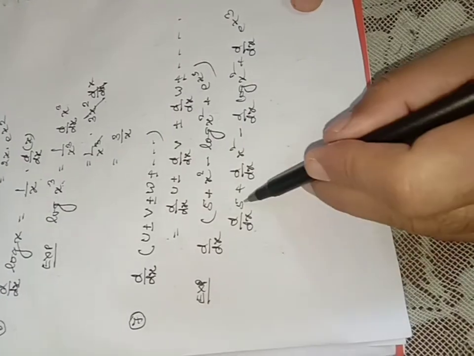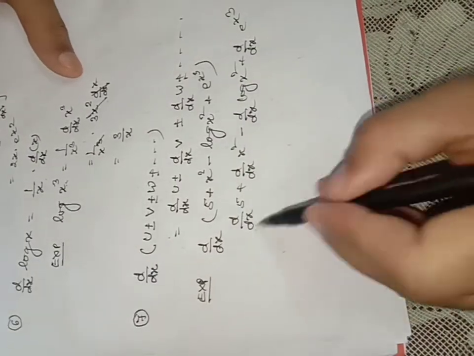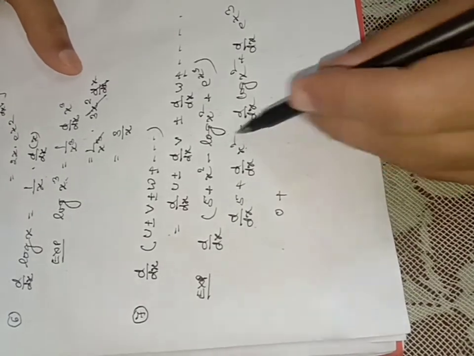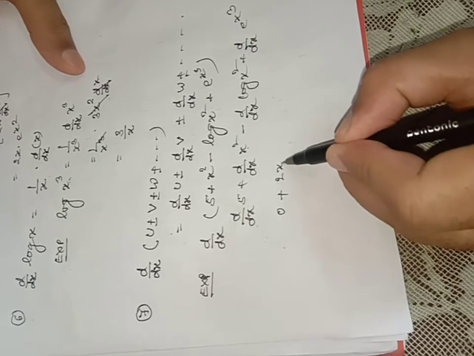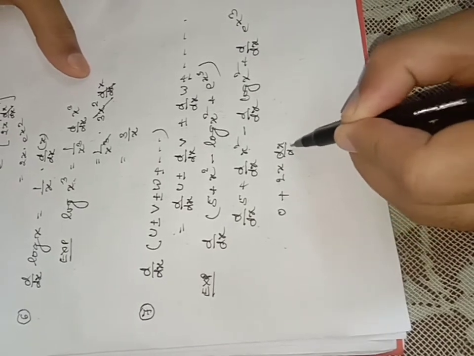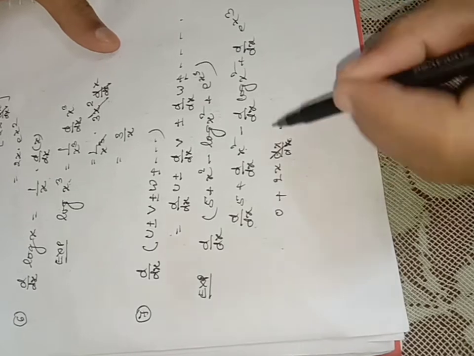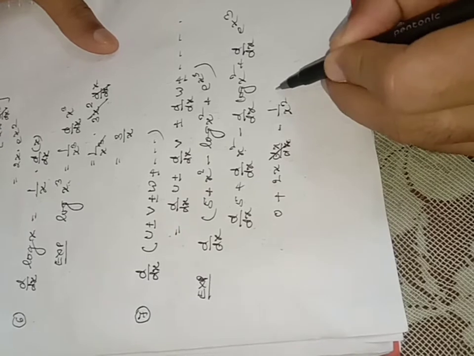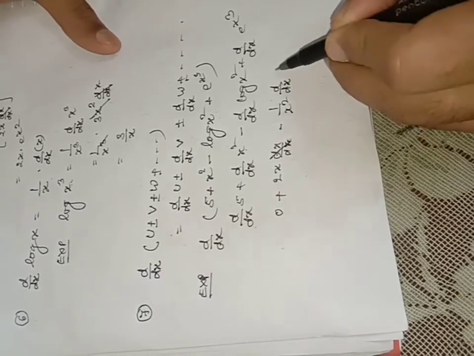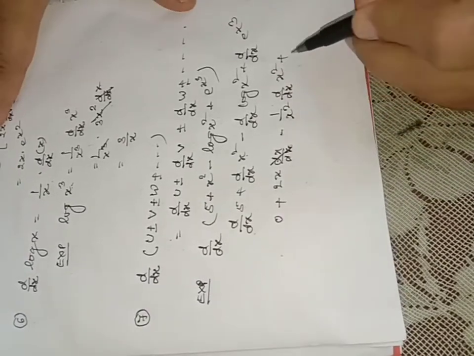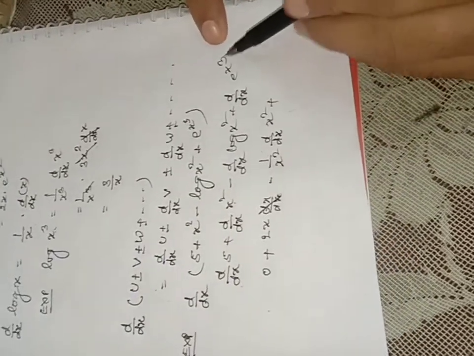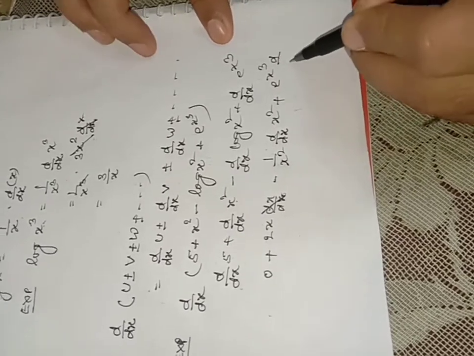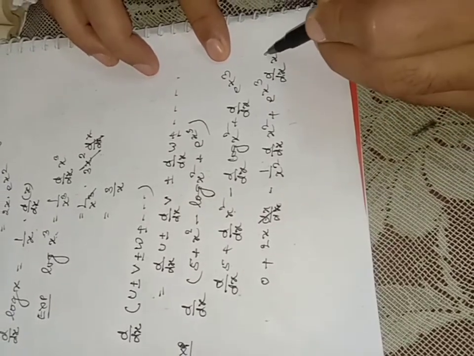See here, now d by dx of 5 is a constant and isolated, so the differentiation becomes 0, plus d by dx of x square. It is given in the form of x power n, so it becomes 2x into dx by dx, which gets cancelled, minus differentiation of log of any quantity becomes 1 upon that quantity into d by dx of that quantity, so d by dx of x square, plus differentiation of e to the power any variable remains e to the power that variable into d by dx of that variable, and which is here x cube.